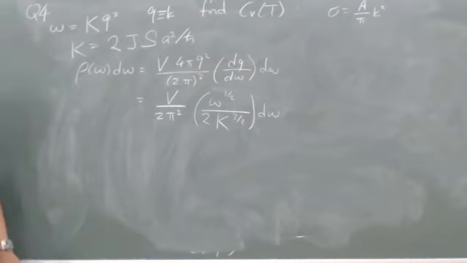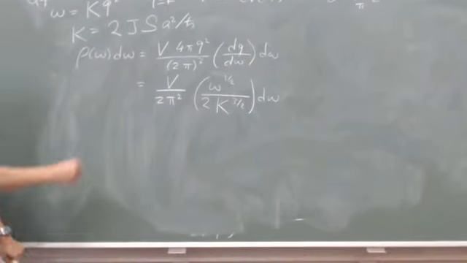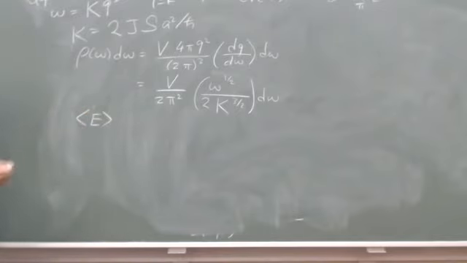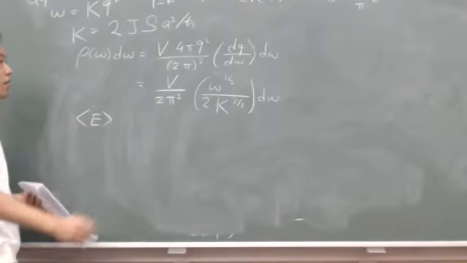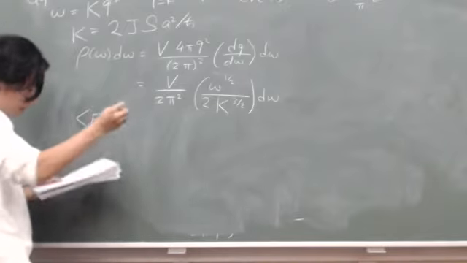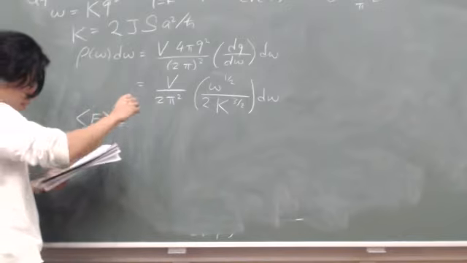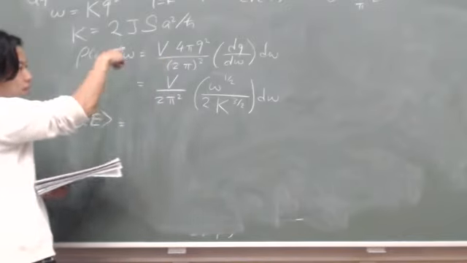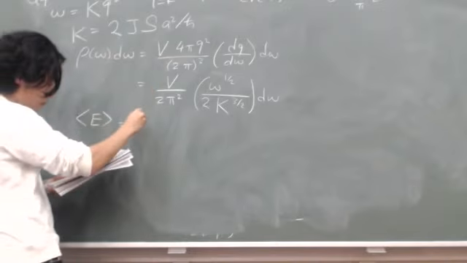Okay, and then from that, we can find the energy. Once you find the average energy, you differentiate it with respect to temperature to find CV. So we need to find the energy first. For energy, it's really just integrating the density of states over your distribution function.